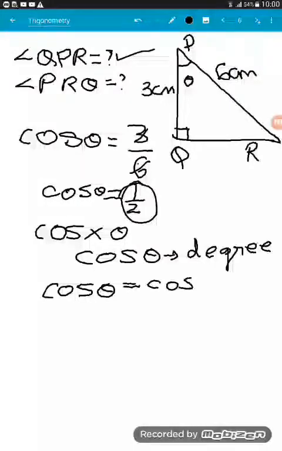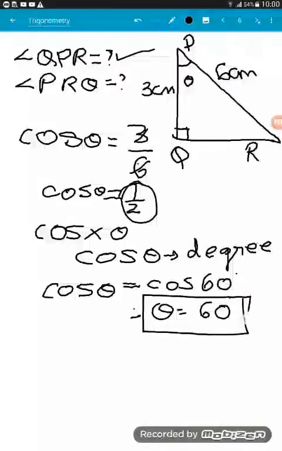So cos theta equal to cos 60 degree. Therefore theta equal to 60 degree. So we found angle QPR. Angle QPR equal to 60 degree.